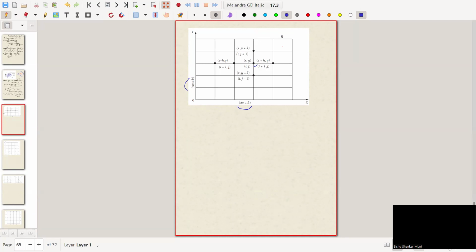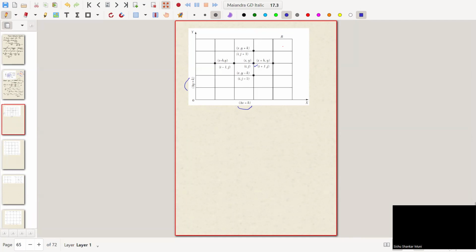And i plus 1 means in the x direction you go to i plus 1 j, keeping the j coordinate constant. i minus 1 j means you're moving left. i j plus 1 means you're moving up. i j minus 1 means moving down. All right, so very nice structure.